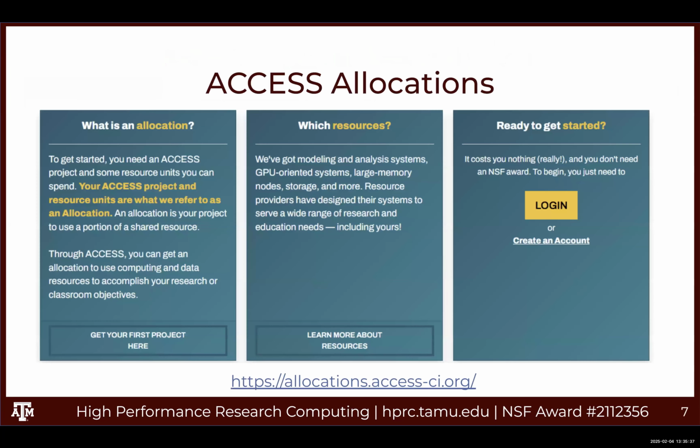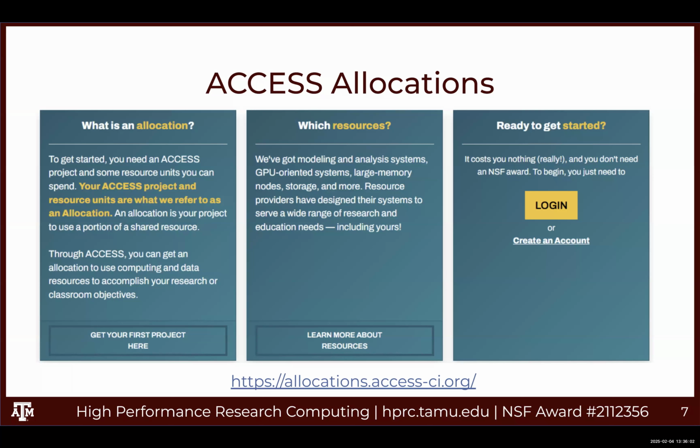So let's talk about getting the account. If you go to the main page, which is access-ci.org, and then you go to allocations, then you're going to find a page like this that answers a question: what is an allocation? And what are the resources that we have?